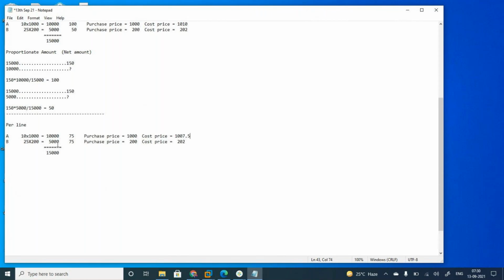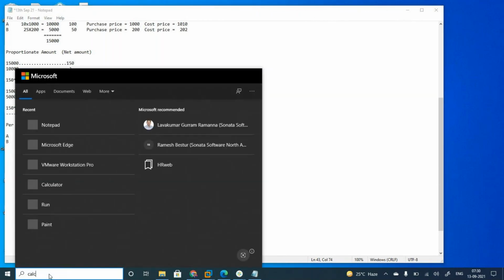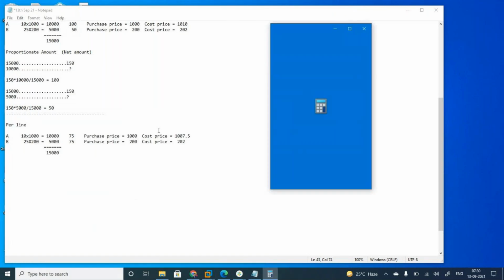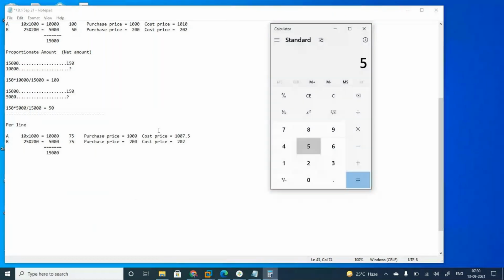And this one is 5075 divided by 20. Sorry, it will be 225.375.